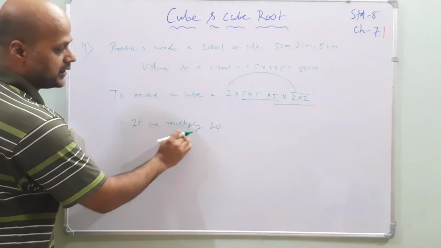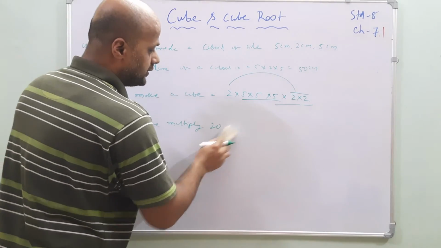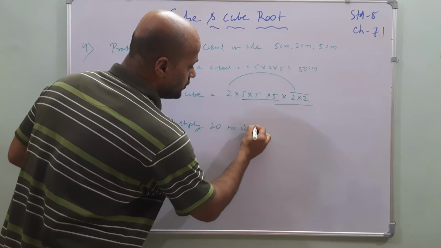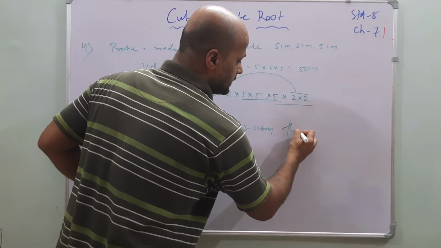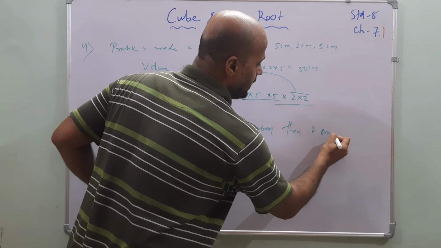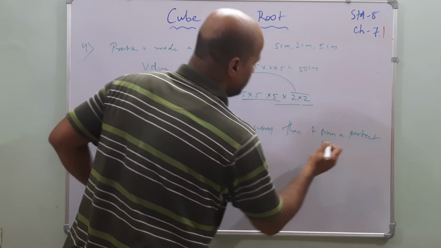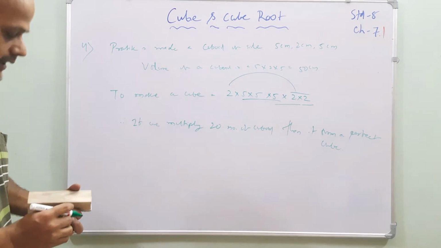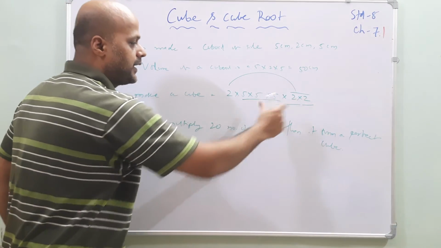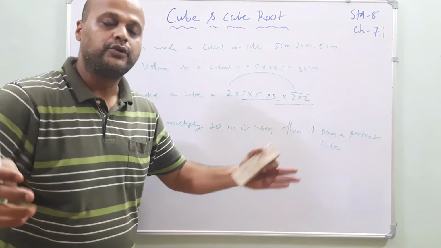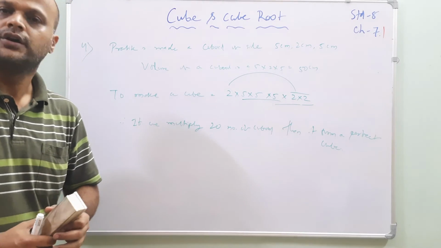So if we multiply 20 numbers of cuboid, then it forms a perfect cube. Understood? Because if I multiply 20 cuboids, then it forms a pair and that whole cuboid forms a cube, my dear friends. So this is the answer for the given question.